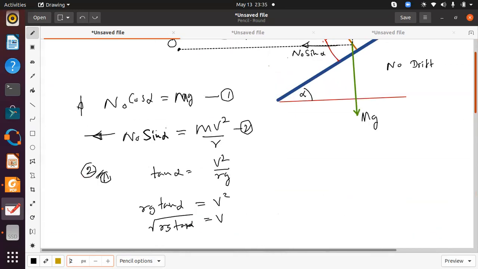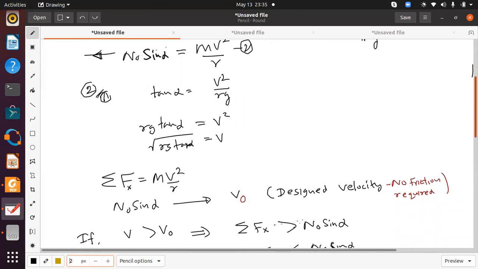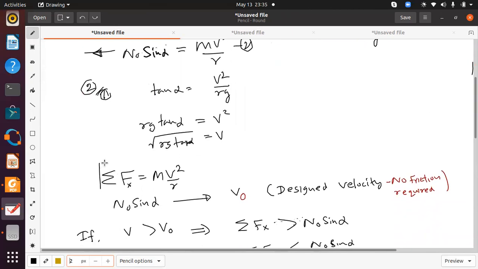What will happen? By looking at this formula, you can see that if the velocity were to increase, there should be an additional force to make that happen. That means v squared is proportional to the force. If v squared increases, then the force must increase too.